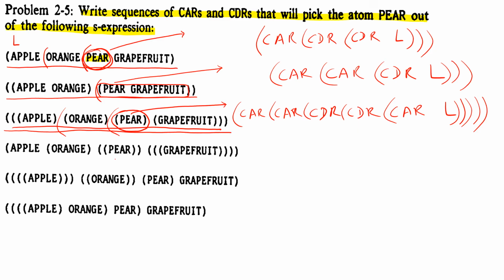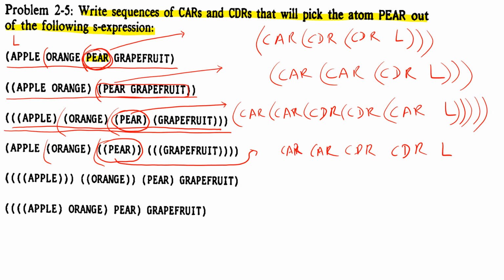Right? In this next example, here is a list which contains 1, 2, 3, and 4 elements. Now, how can we extract pear from this list? We are given a list, we take a CDR, which gives us this, and then a CDR, which gives us this, and then a CAR, which gives us this list, and then a CAR, right?